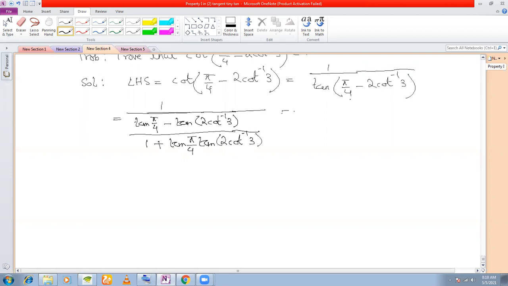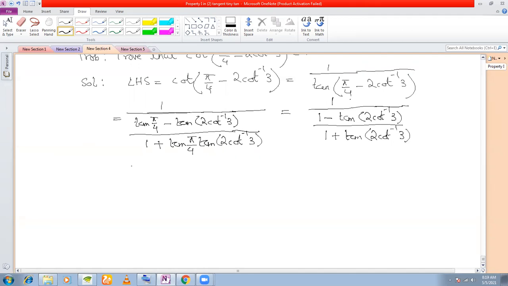The next step is you put the value of tan pi by 4. You get 1 minus tan 2 cot inverse 3 divided by 1 plus tan 2 cot inverse 3.